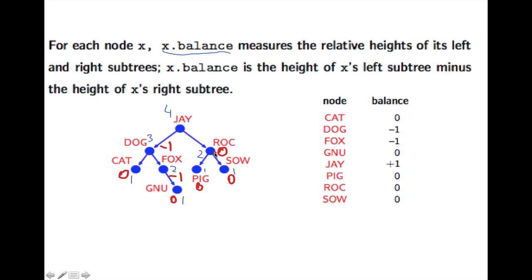And here left is 3, right is 2, that's 1. So those are the numbers that we have here. Of course, these numbers have to be 0, 1, or -1, otherwise the tree is not height balanced.